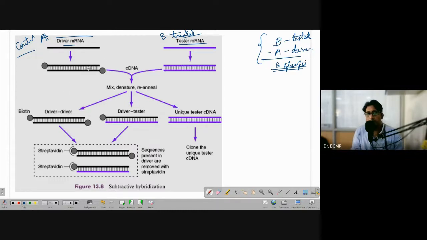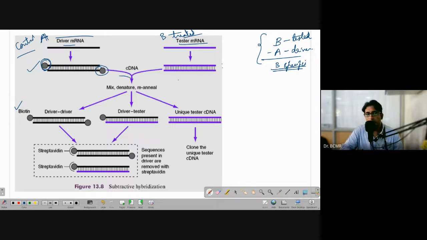While preparing cDNA, for the driver we would have added a compound like biotin so that it will be easier for us to purify at some stage. So we have cDNA from both the cells. The driver is conjugated with biotin, whereas the tester has nothing like that. Only double-stranded cDNA is present.